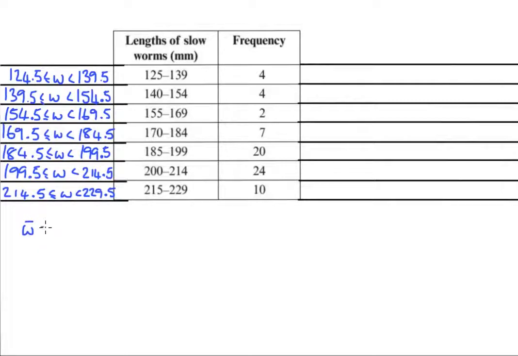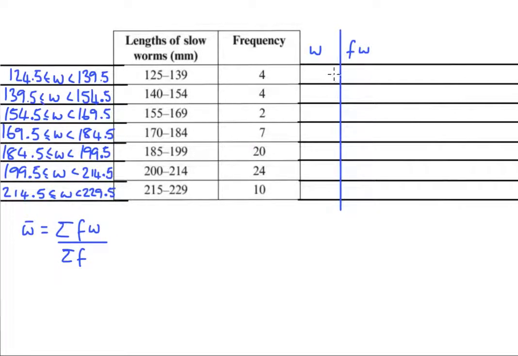So W bar is going to be the sum of F times W divided by the sum of F. So I'm going to need a column for W, which is going to be in this case the midpoint of these values because they're grouped data, and I'm then going to times these numbers together to get my FWs, and then I can use this formula to work out the mean.